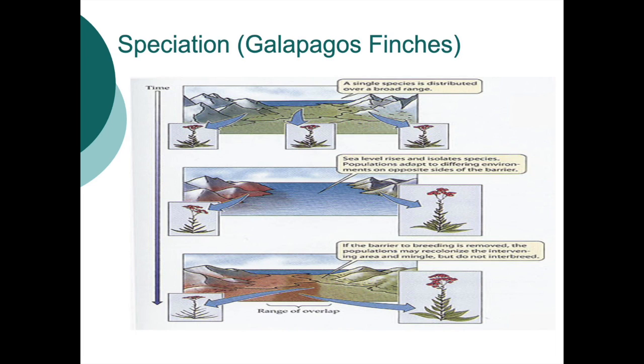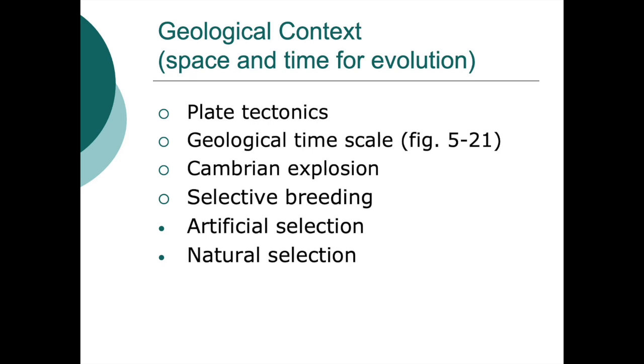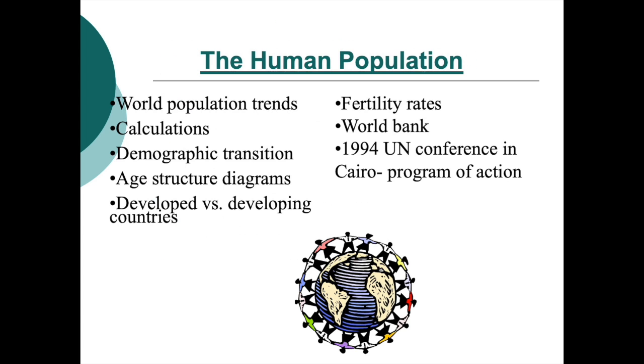A perfect example of this are the finches in the Galapagos. Those islands are very far apart, and by having that separation over time, those individuals became their own separate species, unable to breed. And it takes time for evolution. Yes, you can have some instantaneous, very quick explosions of life, but most of the time it's small little changes over long periods of time.